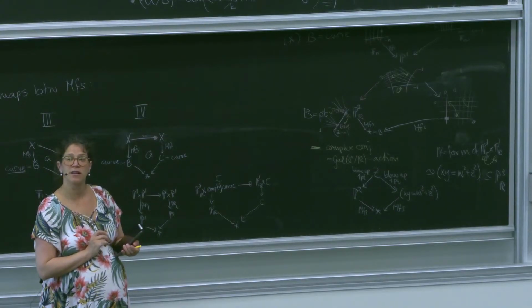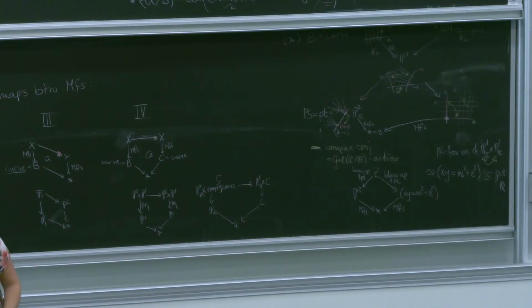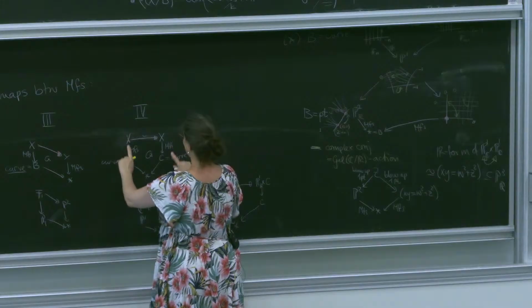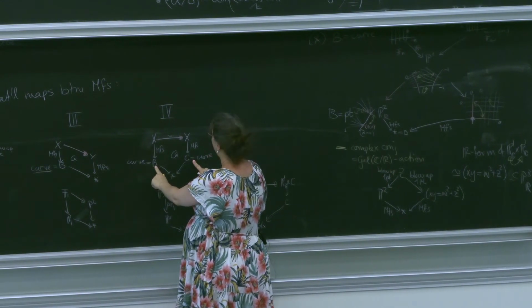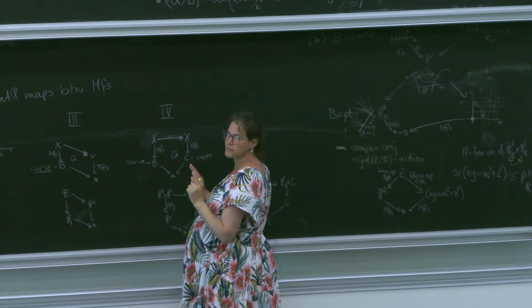Of type 4, yes. So type 4 is that you have two Mori fiber spaces over a curve. And so no, you have a Mori fiber space that has two fibrations.